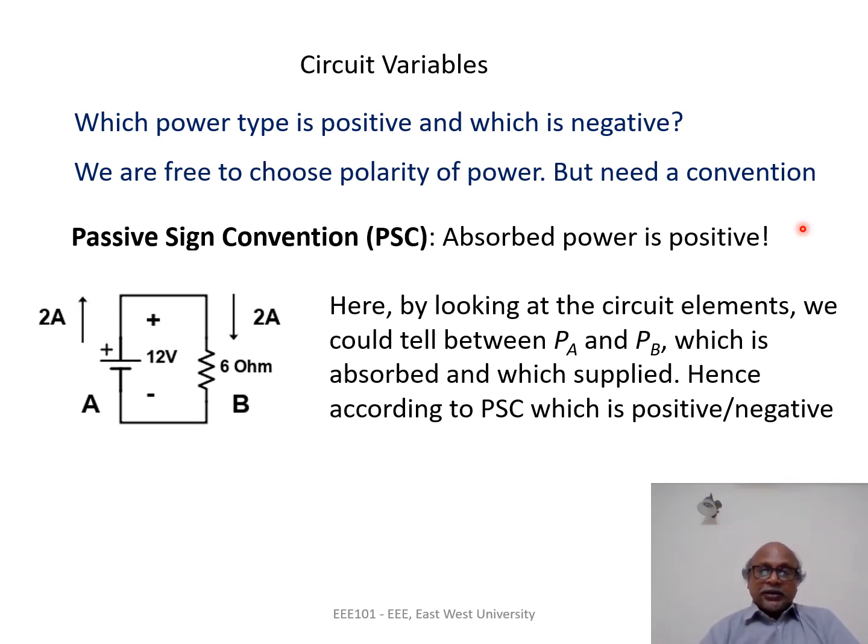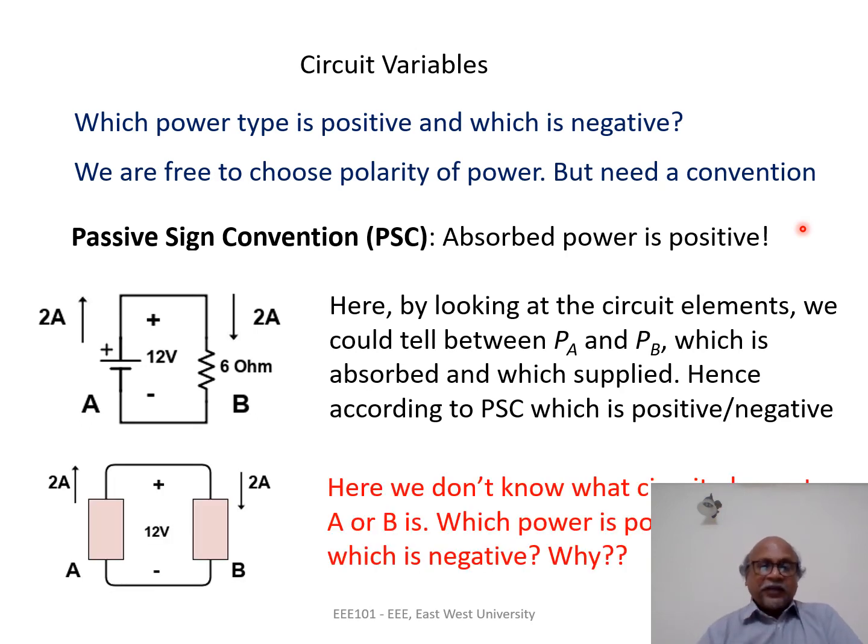Now let's consider a slightly different circuit. We have again two circuit elements. The voltage between the circuit elements is the same, 12 volts. The current is also the same, 2 ampere. But now, instead of showing a resistance and a battery, I am showing two rectangles.